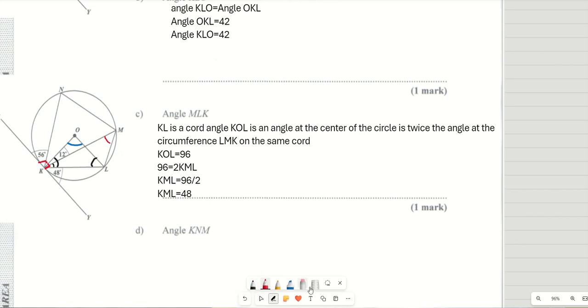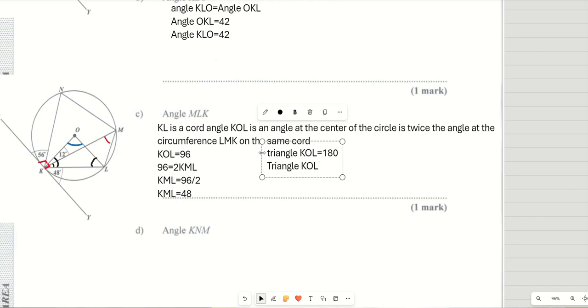So now let's type this down. Sorry, what am I saying?